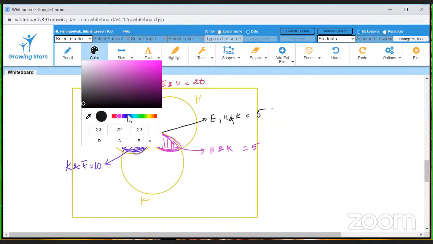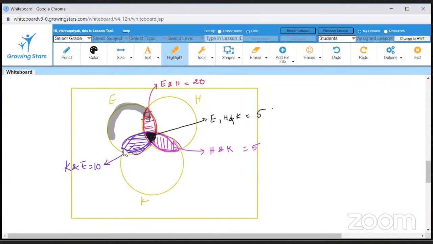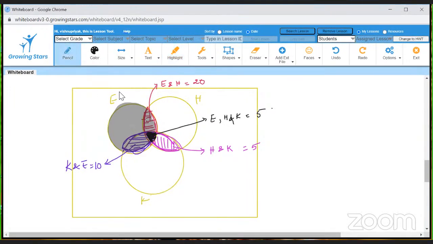Now coming to the larger area. Suppose I take this region, English speaking people. How many people speak English? Suppose 30 people speak. Here I am writing 30, full English circle.